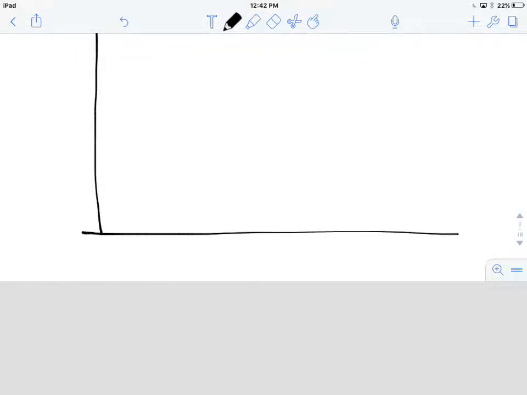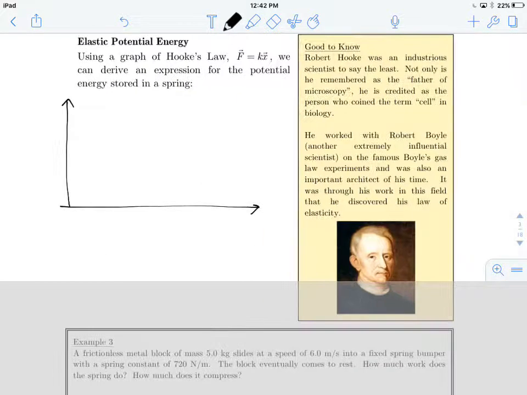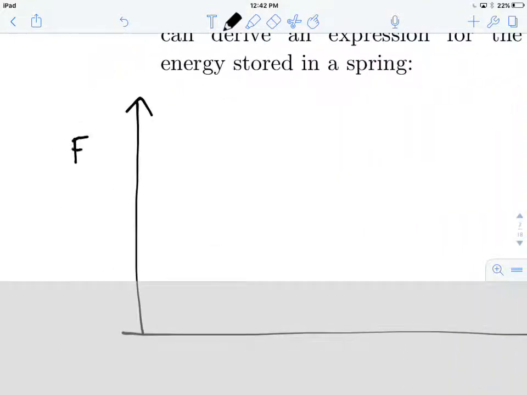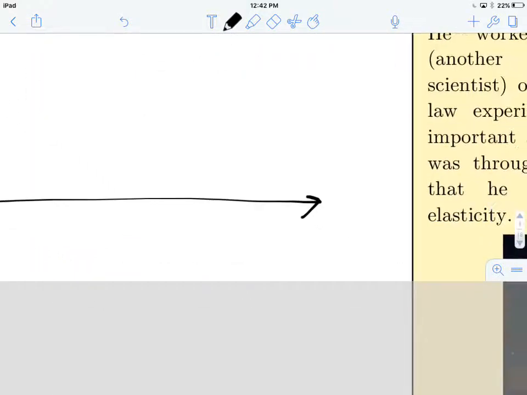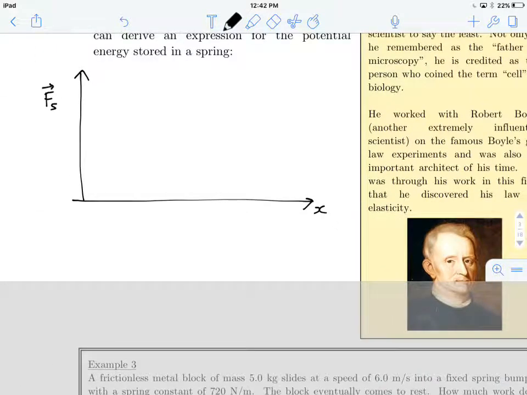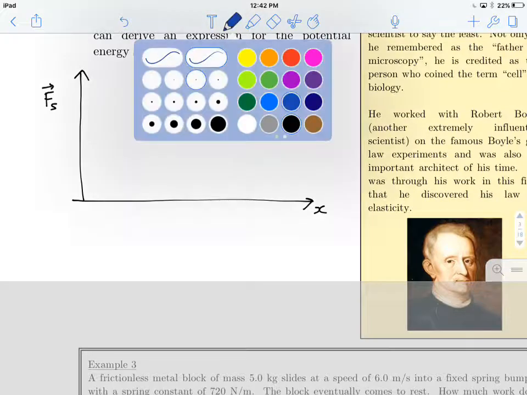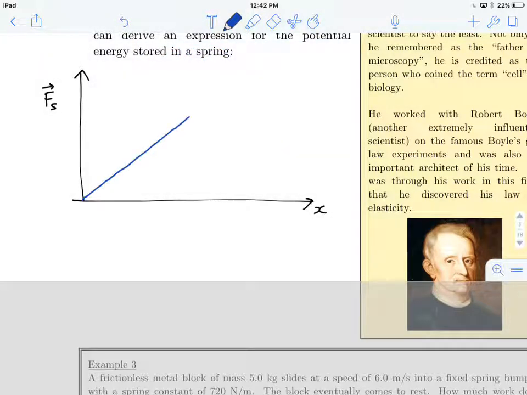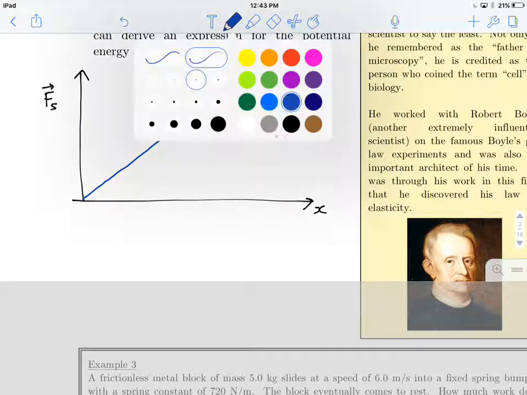If we set up our axes, on one axis we sketch force, and on the other axis we sketch displacement, which in this case we're going to call x. What we're going to notice is that we get a linear relationship. If you ever want to know how much work is done on an object, all we need to do is plot a graph of force versus displacement, and the area underneath that graph gives us the work that's done.